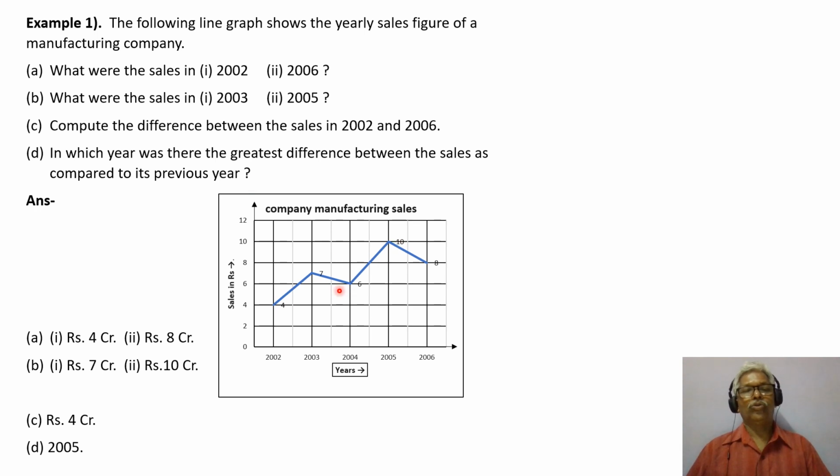This is the greatest difference, in 2005. Here 7 and 4 is 3, but here it is 10 and 6, which is 4. It's asking about the previous year, so 2005. D is 2005. Try to understand this properly and answer.